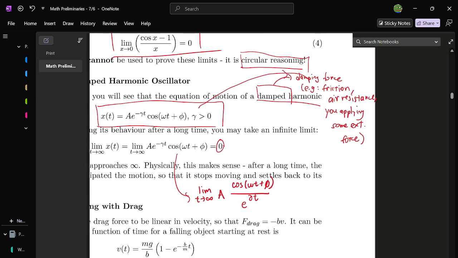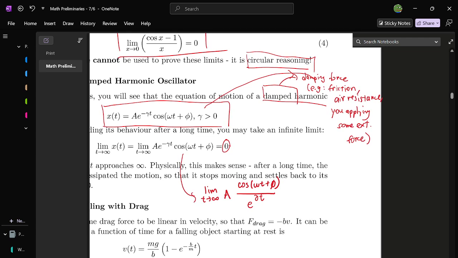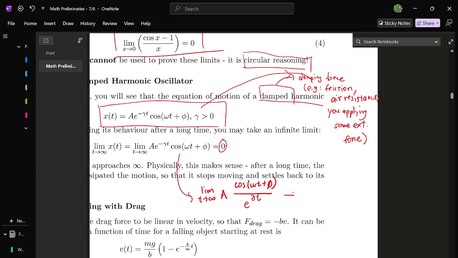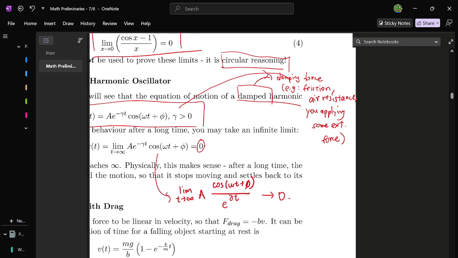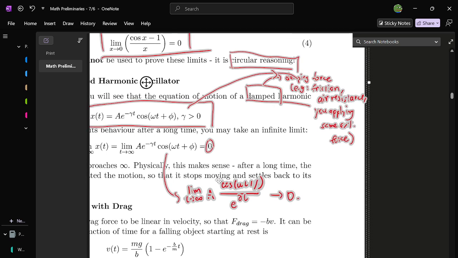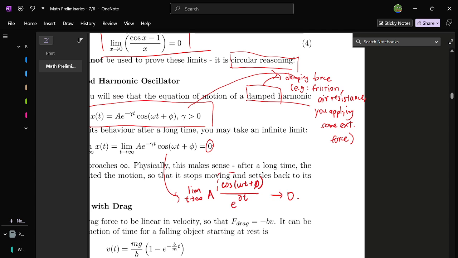If you are experienced in dealing with limits, you can quite instantly see that this goes to 0. What is the reason for that? Your term in the numerator is this term, a trig function.